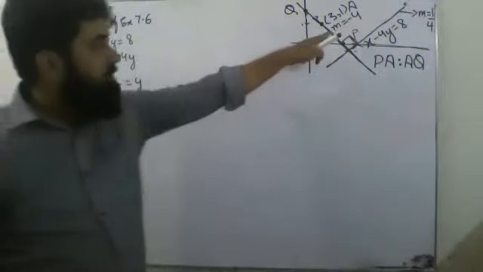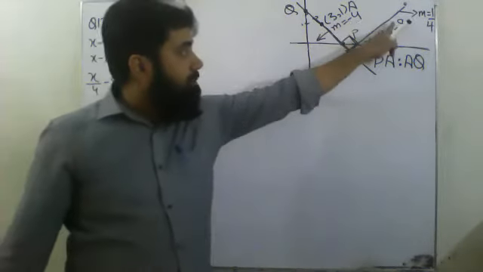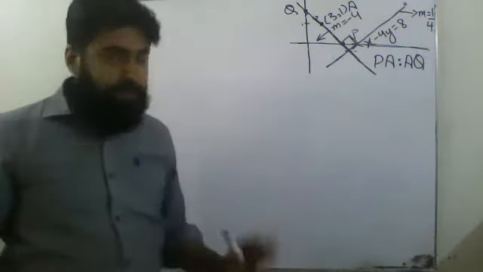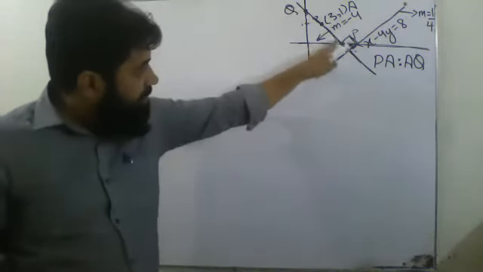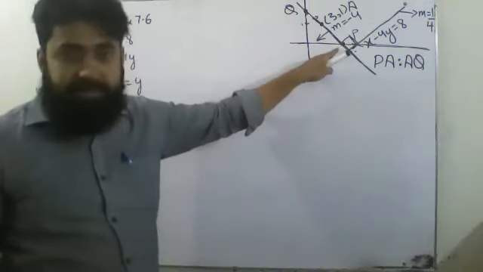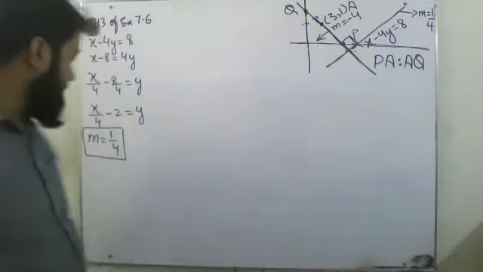So the gradient of this line is coming m equals minus 4 because the gradient of the other line was 1 over 4. Okay. Now I am going to find the equation of this line which is intersecting the x-axis and y-axis.